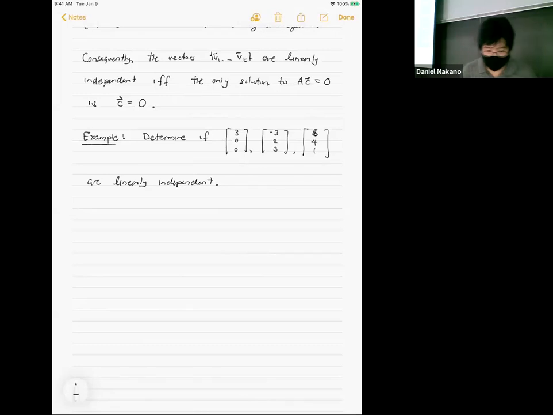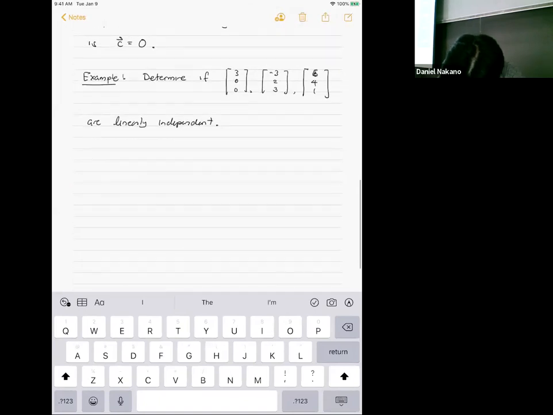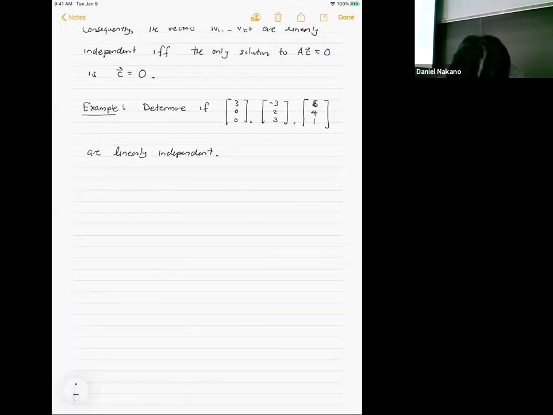That's right, exactly. So we need to consider AC being 0. And A here is the matrix. I'll even write it out the first time: 3, 0, 0, -3, 2, 3, and 6, 4, and 1.